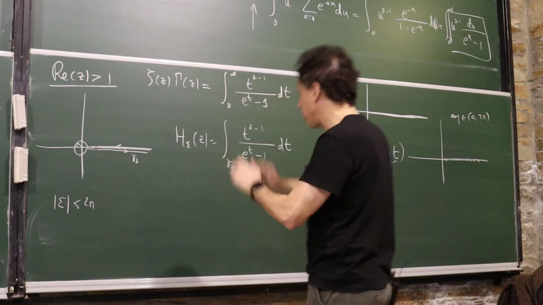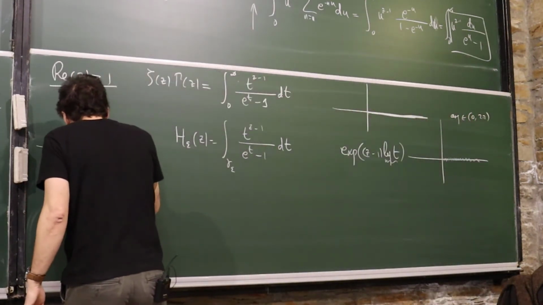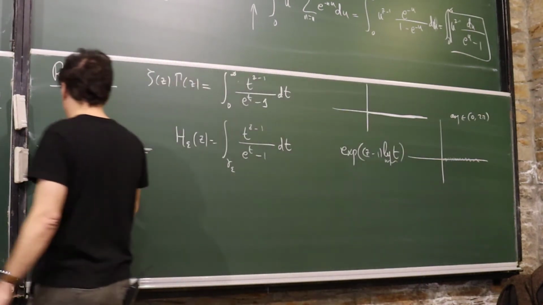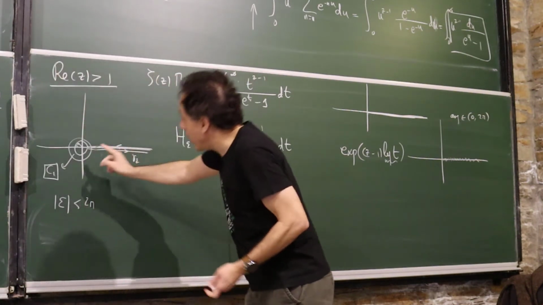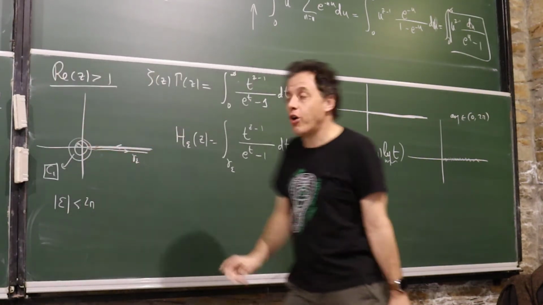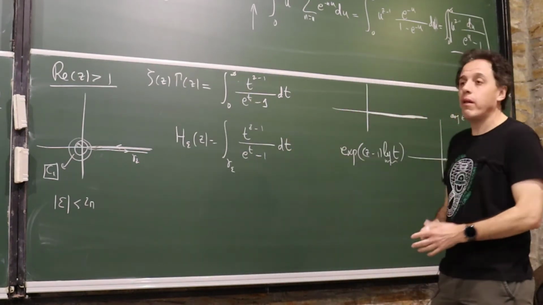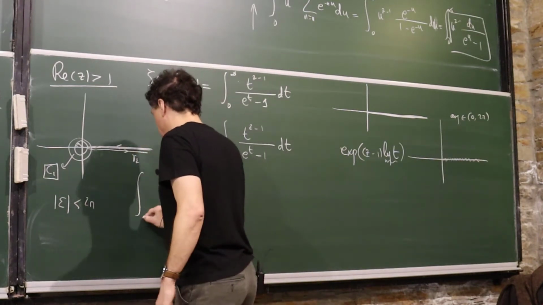But normally the problem is going to be more or less in this part. Let us consider the circle here, C epsilon. This would be almost a circle of radius epsilon. Let us try to bound this integral along this circle.